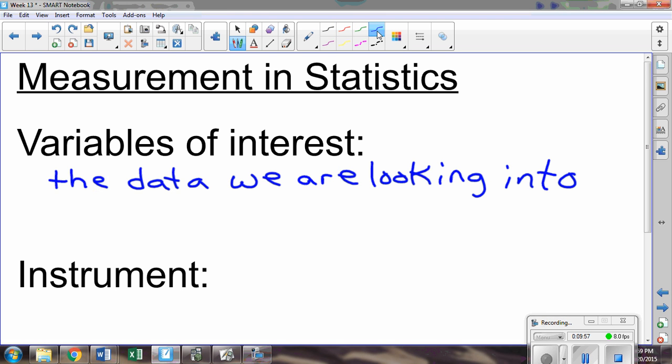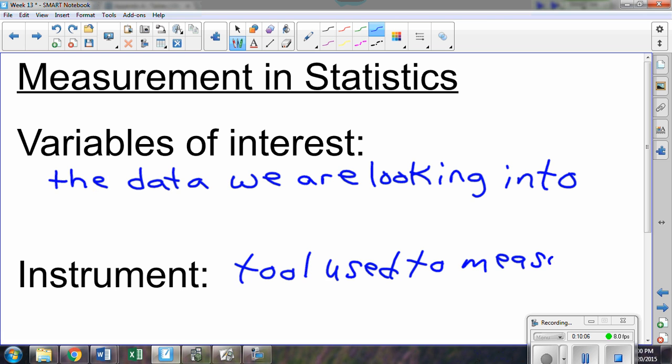Okay, instrument. The instrument is the tool that you're using to measure. For instance, if we were interested in the number of miles you drive each month, what instrument would we use to measure the miles you drive?